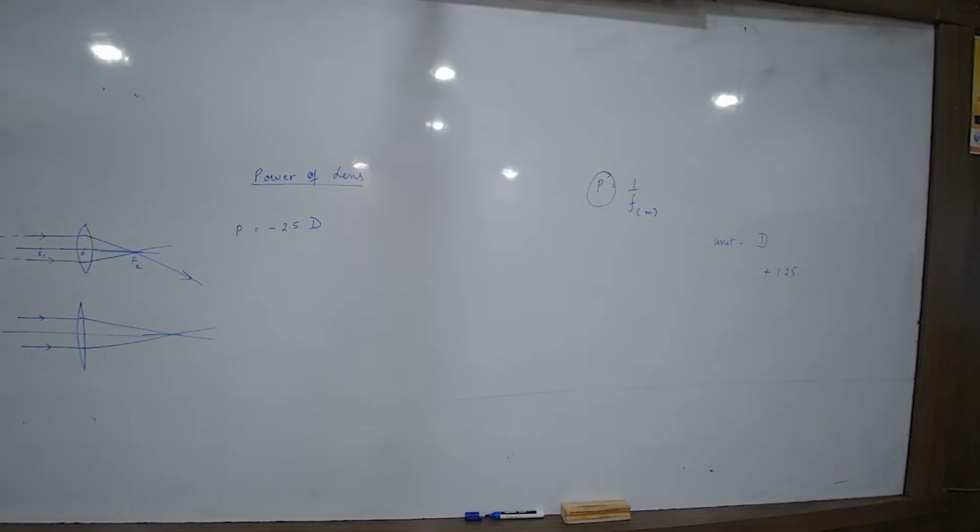According to the sign convention, the focal length of a convex lens is positive. Underline that in your textbook. And that of a concave lens is negative. F is negative for a concave lens.